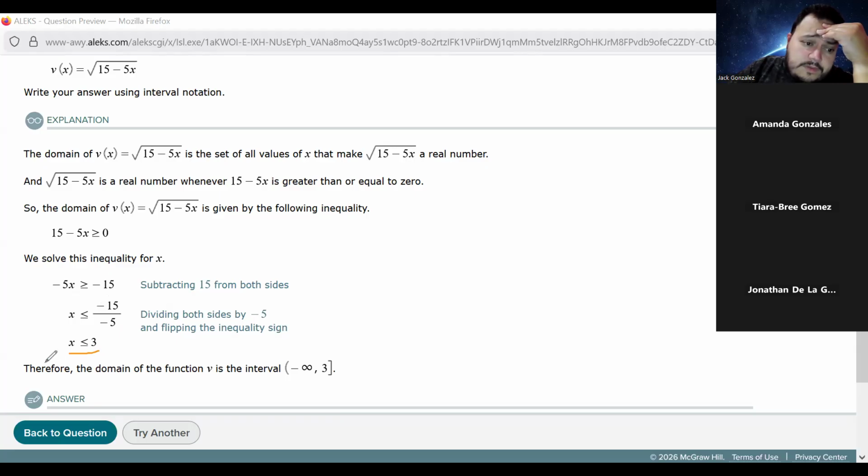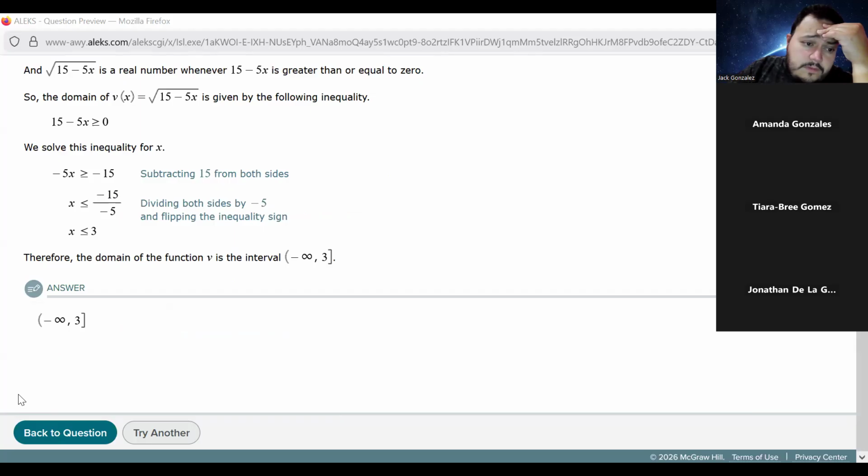How do you read this? Everything is cool when you're below or equal to 3. X is less than or equal to 3. So 3 is the highest value. And if it keeps going, well, we put negative infinity. So this arrow is telling you which direction it's going.